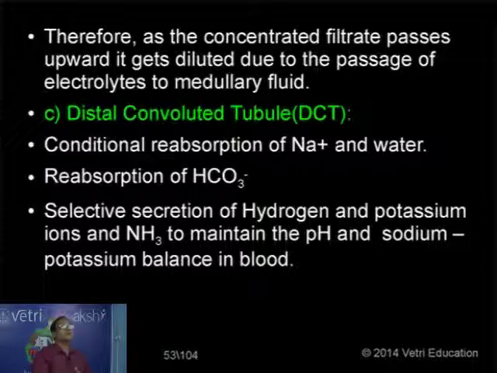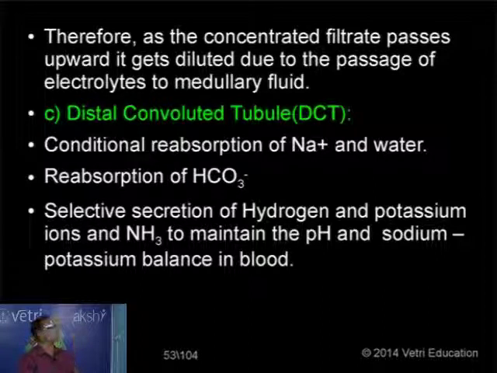So because of the reabsorption of electrolytes at the ascending limb, either thin or thick, what will happen? The concentrated filtrate passes up. When it passes up, it becomes diluted. This is because of the passage of electrolytes.